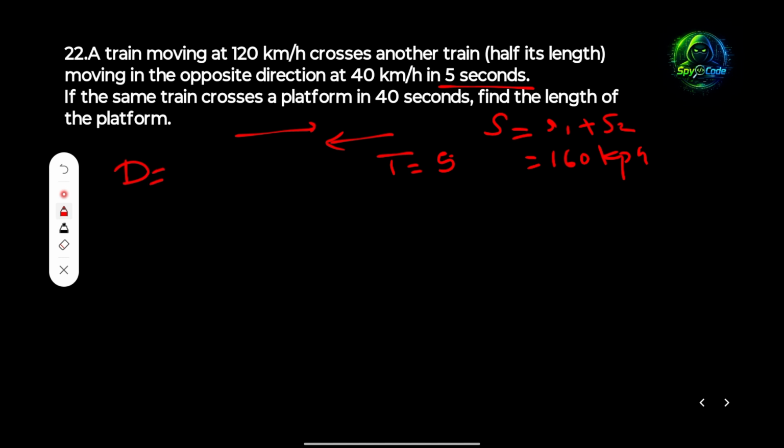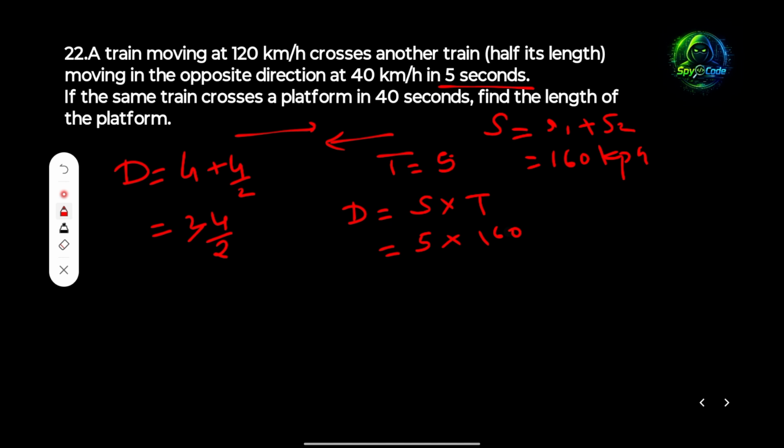So distance of train 1 is L1 and train 2 is half of the length of L1. So L1 by 2. Distance will be 3 L1 by 2. We know that distance is equal to speed into time.